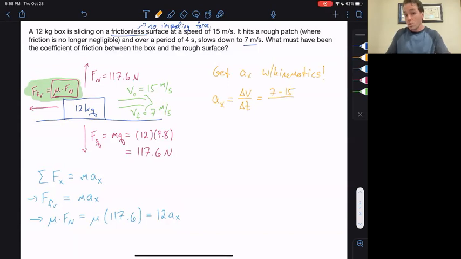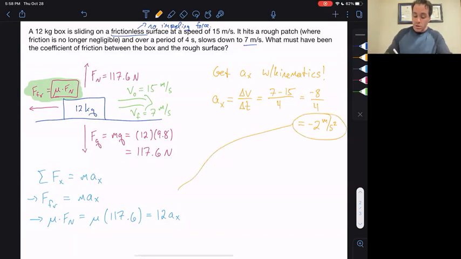Remember, you do final minus initial, right? Over a period of 4 seconds. 7 minus 15 is -8, divided by 4, and that will be -2 meters per second squared. I did pick this out so that the numbers would work out kind of nicely. So you're welcome.